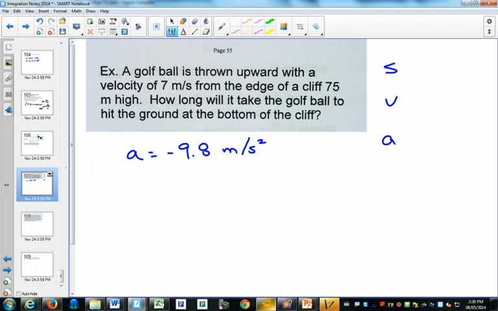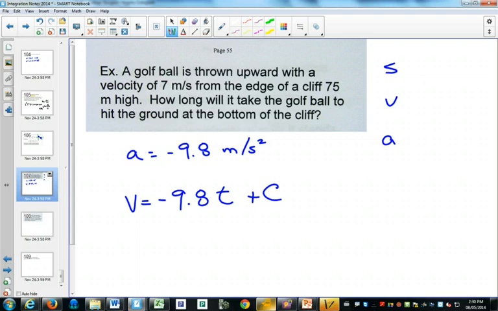If we know that, we can work backwards, integrate, and we're going to find our velocity. Our velocity is just, well, what's the integral of a constant? Add an x. I'm going to use a t because we're dealing with time here, because we got meters per second squared. Negative 9.8 t plus c, right? When you integrate, you have a plus c.